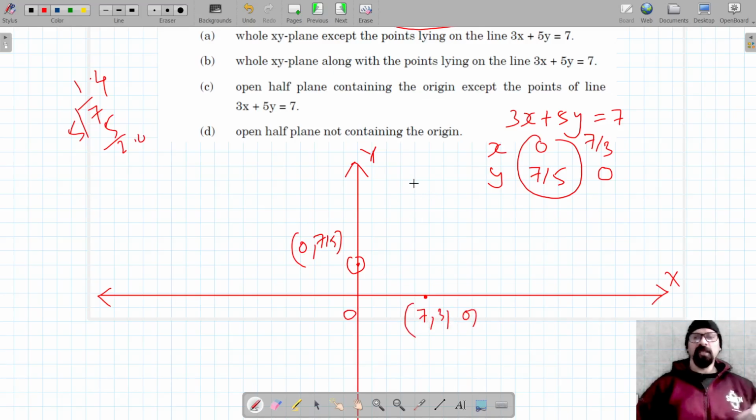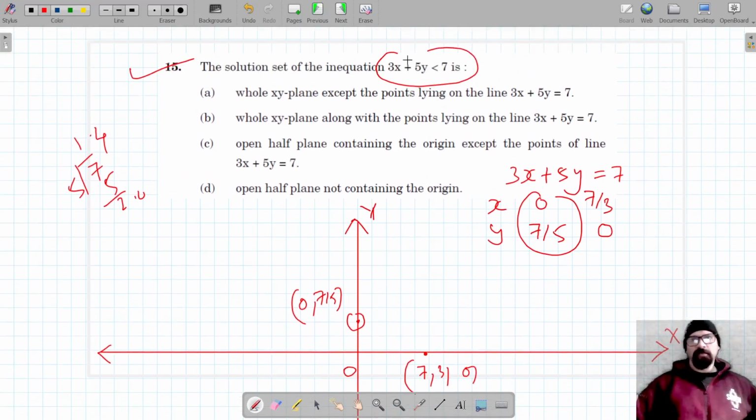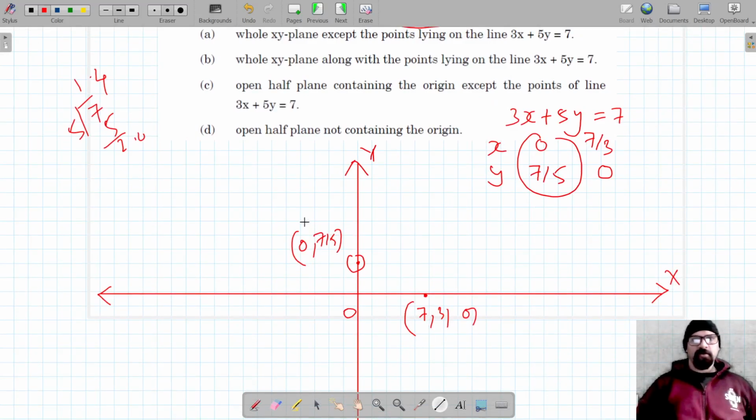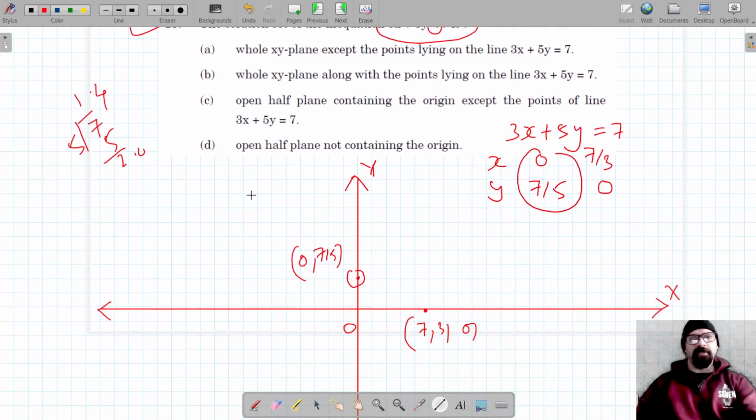Now this inequation is 3x plus 5y less than 7. So the solution region does not contain the points on the line 3x plus 5y, so this should be a dotted line.